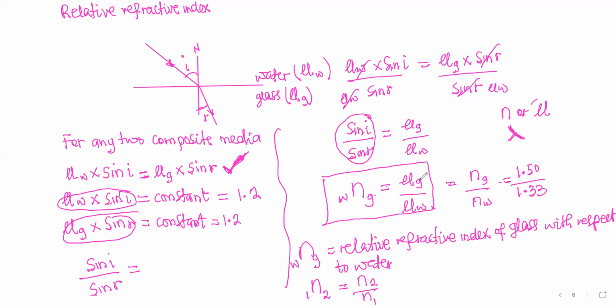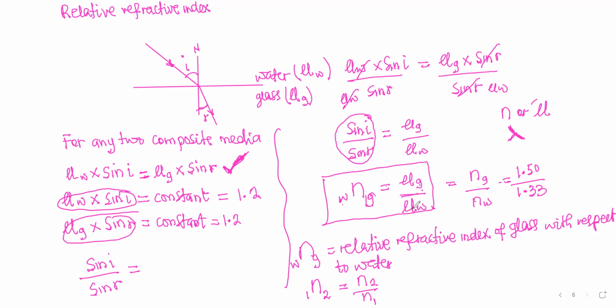Water to glass. It is the absolute refractive index of glass divided by the absolute refractive index of water. So the second medium divided by the absolute refractive index of the first medium. That is it. This is the concept of relative refractive index.